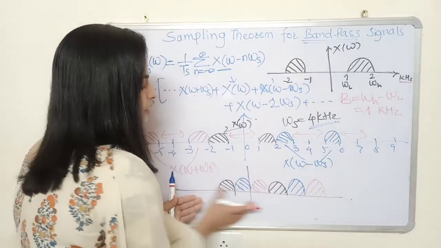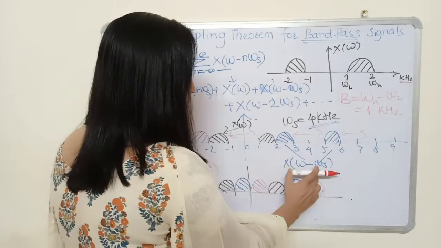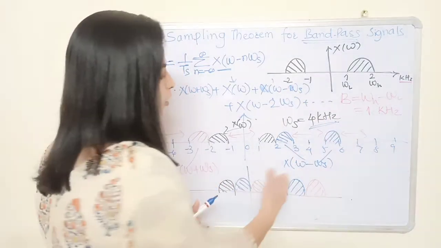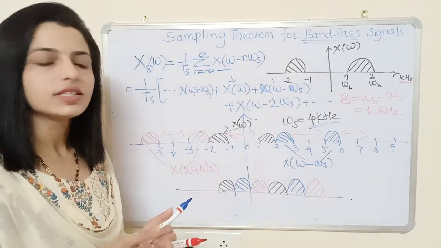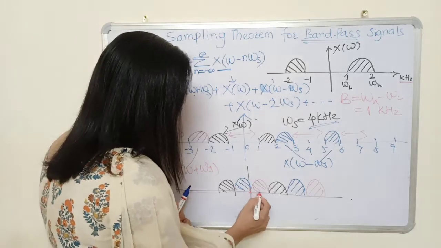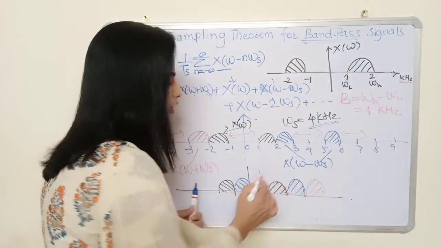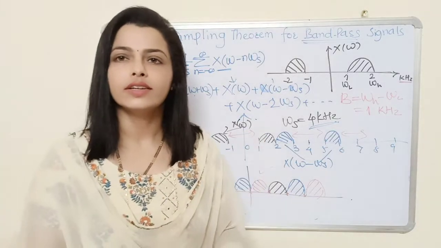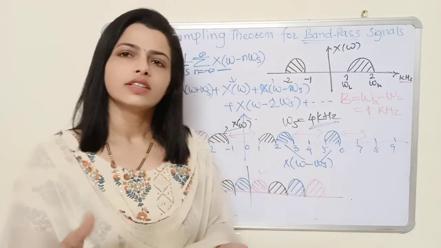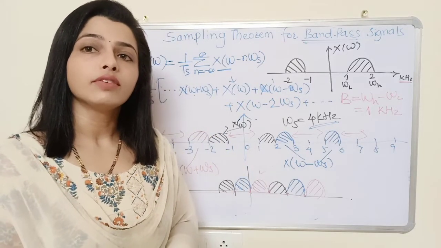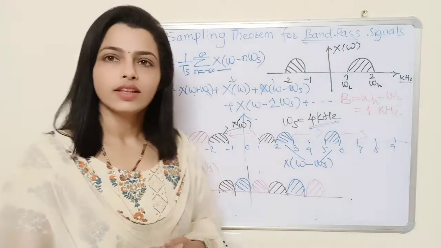So we are shifting by these small factors, not by 4 kilohertz. We are shifting by some lower sampling frequency, and still these are not mixing with each other. So it is going in a correct way. So we can do that. We can sample the bandpass signal with a lower sampling frequency than that defined by the original sampling theorem.